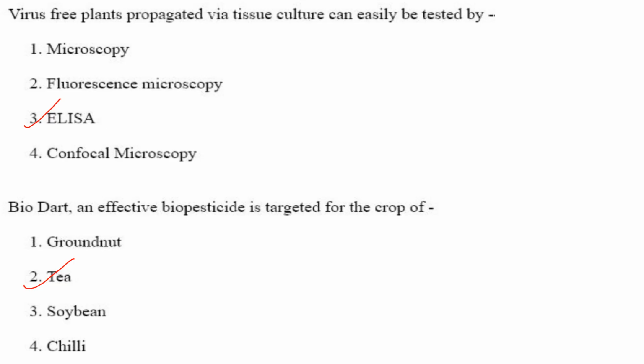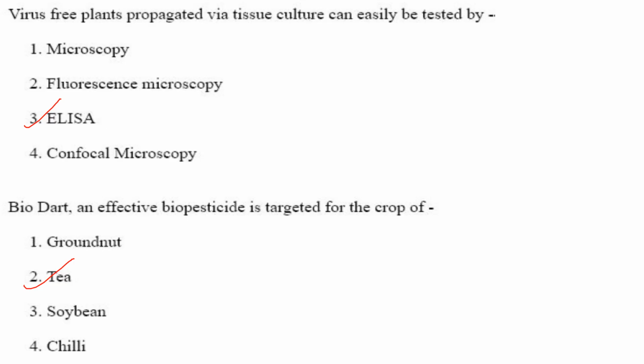Then next one. Virus-free plants propagated via tissue culture can be easily tested by? It is ELISA, enzyme-linked immunosorbent assay. ELISA detects specific viral antigens in plant extract using antibodies. First you prepare the plant extract, then coat the microtiter plate with antibodies specific to the target virus, then add the plant extract to the wells, incubate, wash, then add enzyme-conjugated antibodies, add substrate and measure the absorbance.